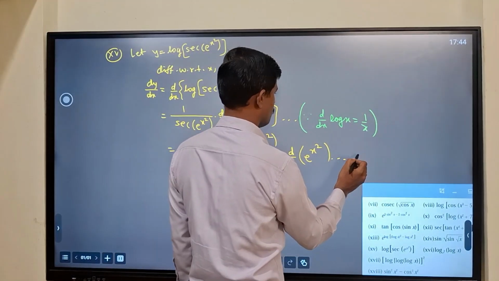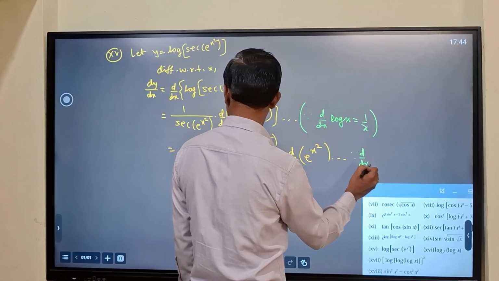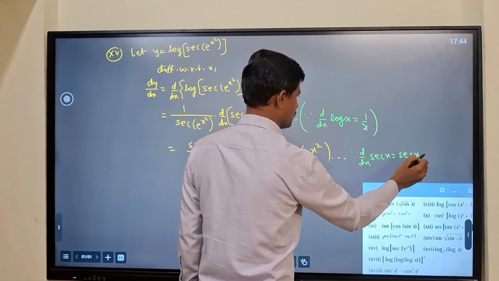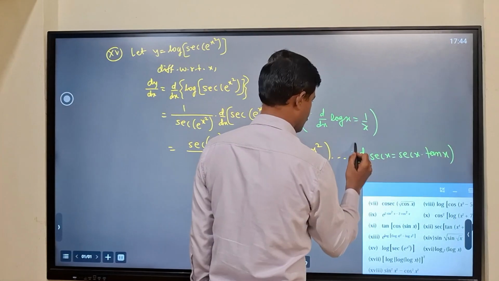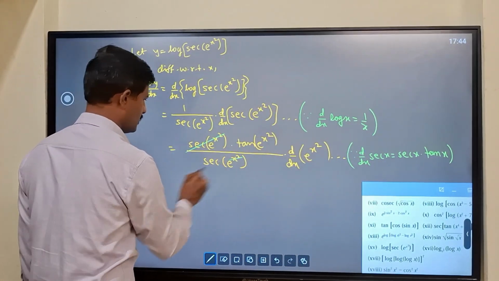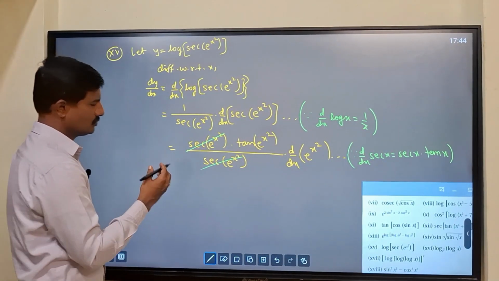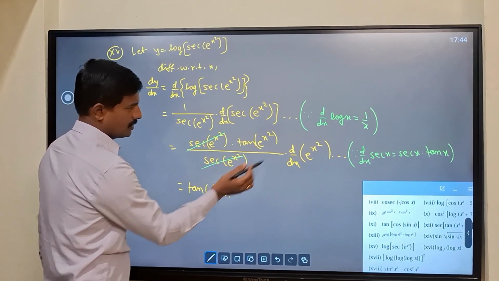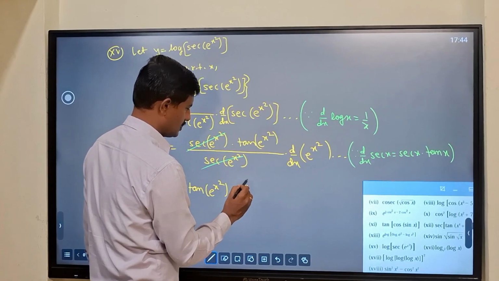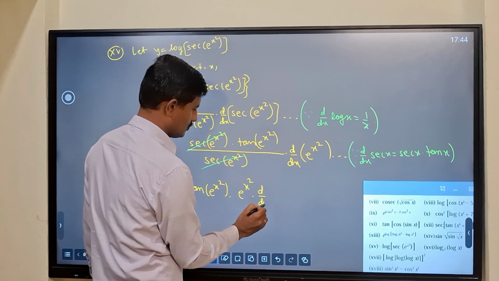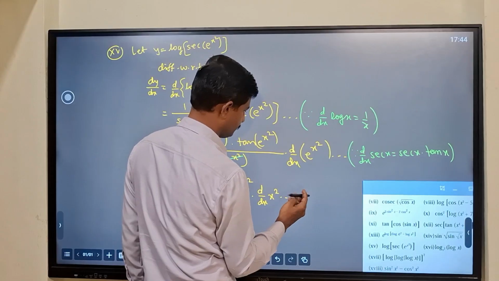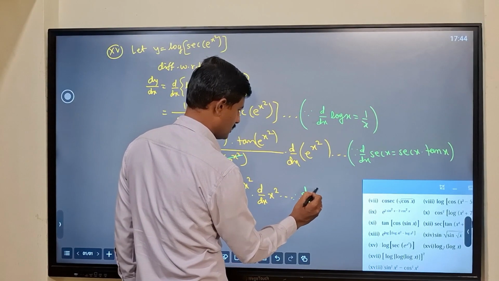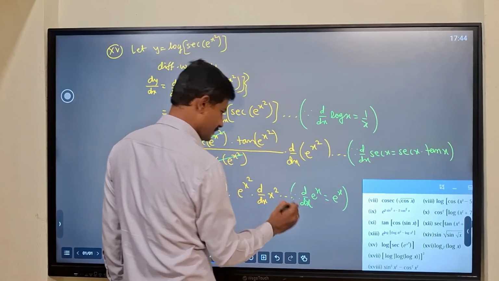Here we used formula d dx of sec x is equal to sec x into tan x. These two sec terms are the same, so they get cancelled. Now tan of e raised to x square into the differentiation of e raised to x square, which is e raised to x square d dx of x square. d dx of e raised to x is e raised to x.